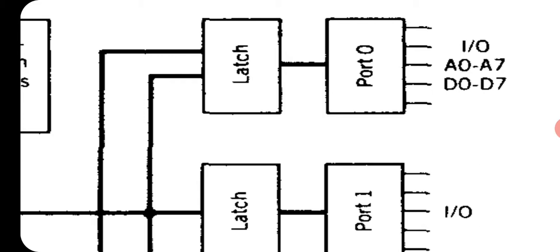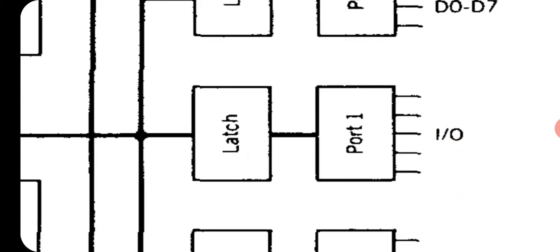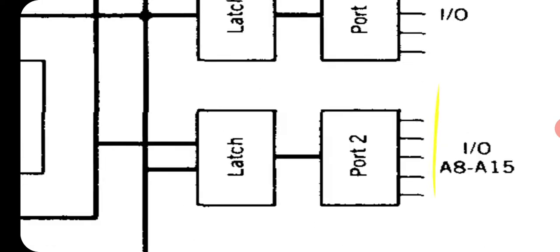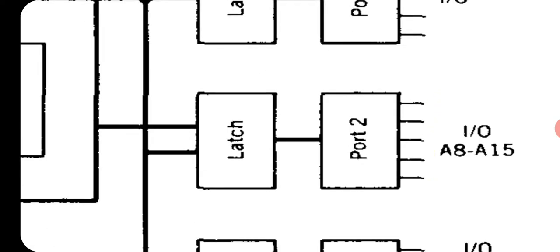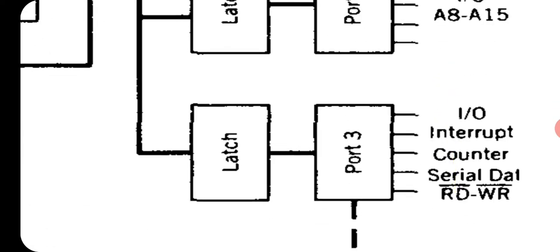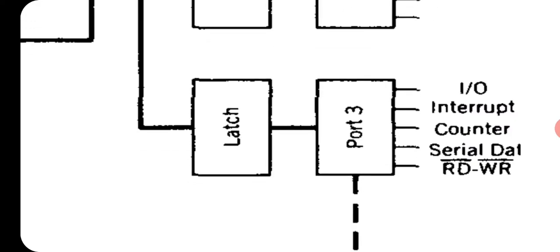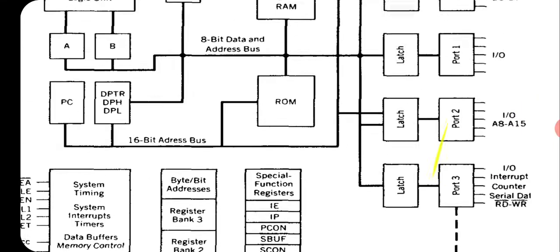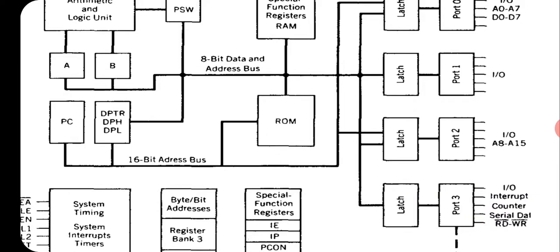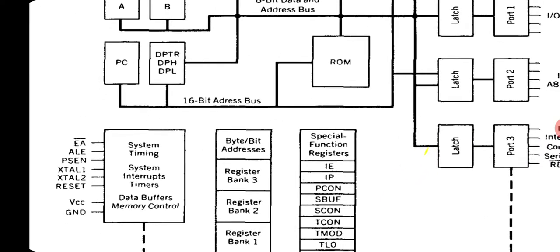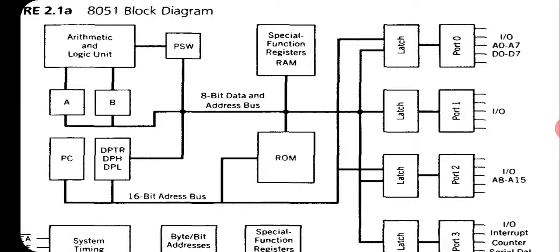The count makes 8. So such 8 are connected to port 0. Similarly, the next 8 are connected to port 1. The next 8 are connected to port 2, and the last 8 are connected to port 3. 8, 8, 16, 16, 16, 32. So all ports are connected to these 32 lines of the microcontroller.